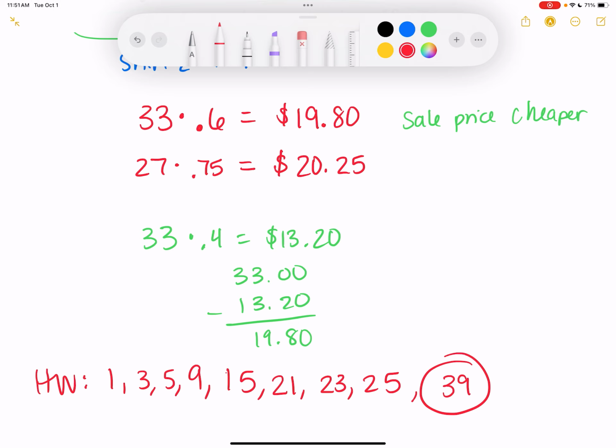Maybe not at the beginning. I don't know yet. But that one has some major conversions that you need to make sure you know how to do. So that's why I'm going to put that one on there.